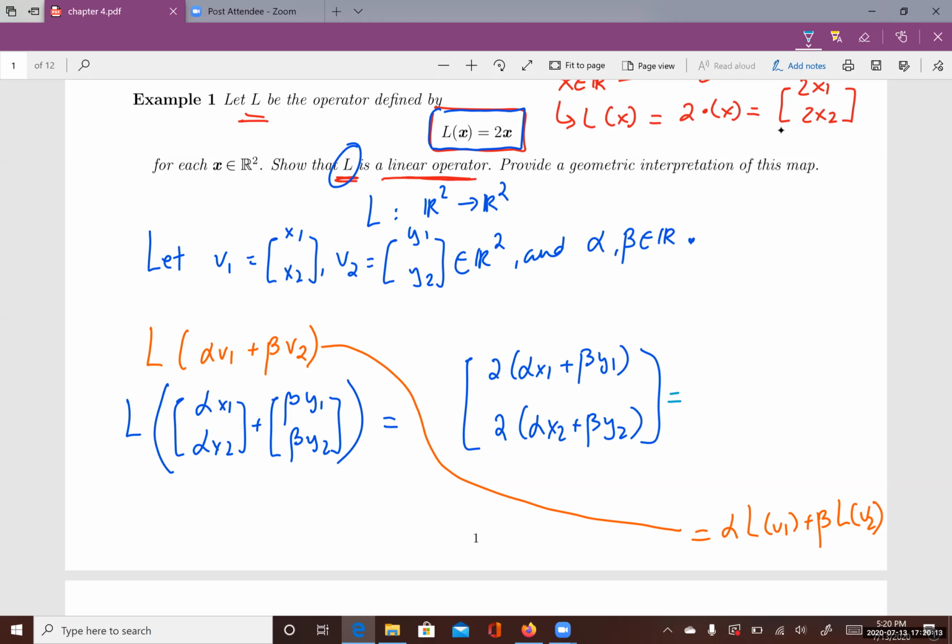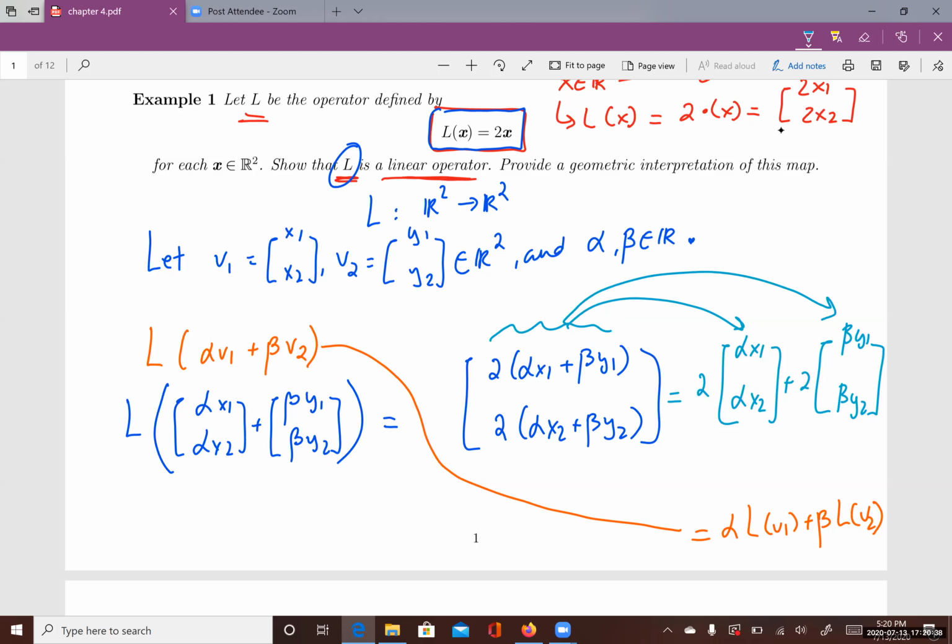I can have 2 on the outside, and I have alpha x1, alpha x2 plus 2 beta y1, beta y2. I just split this vector into the sum of 2 different vectors.